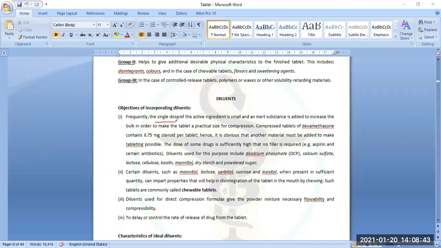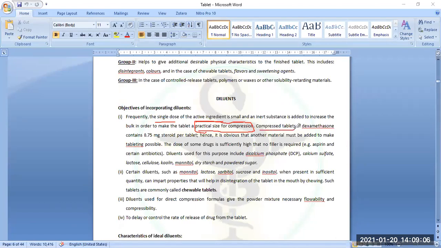Generally tablets are given as a single dose, and the active ingredient is present in that single dose. If the API has a small dose, it is not a practical size for compression. You cannot prepare a 50 milligram tablet easily.